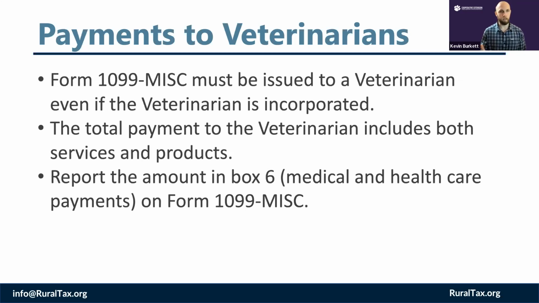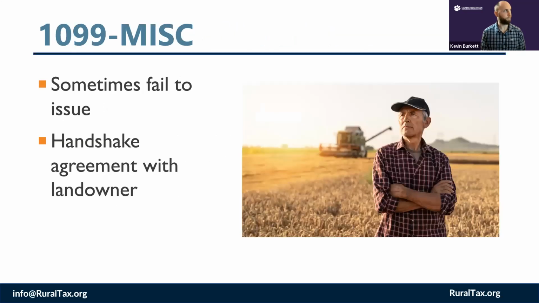But if that bill, say, was $900, then that's what's indicated on that 1099 in box 6. So that is a little bit of an exception scenario, but I want to make you aware of it, especially if we think about producers that have livestock, that's a pretty common situation.